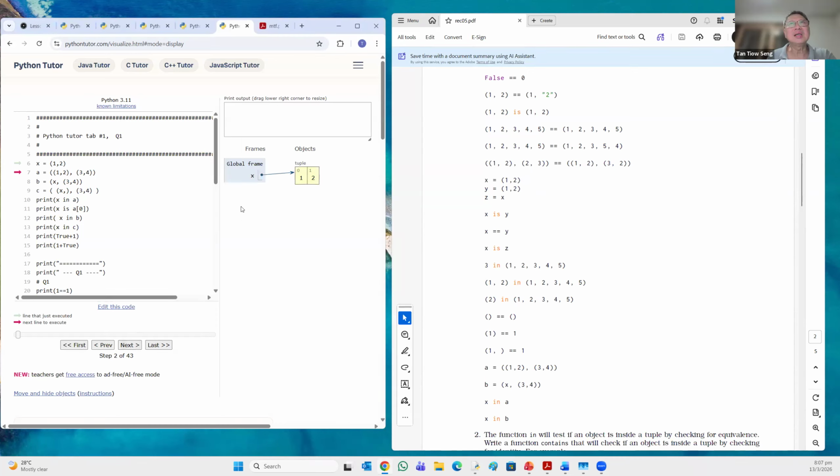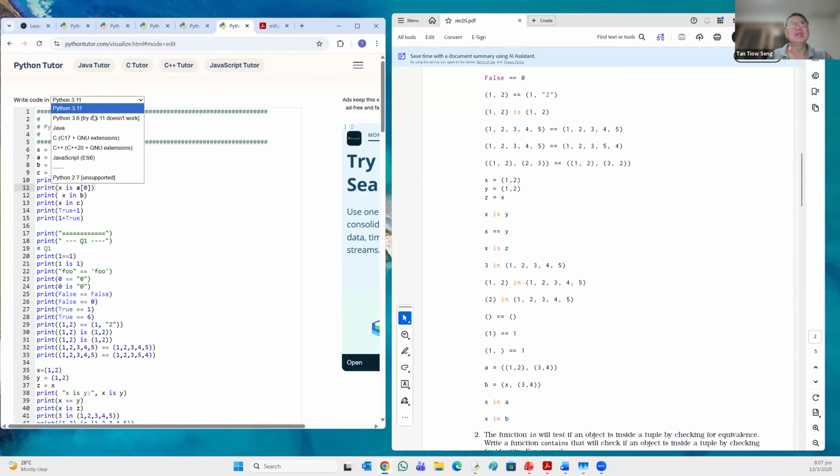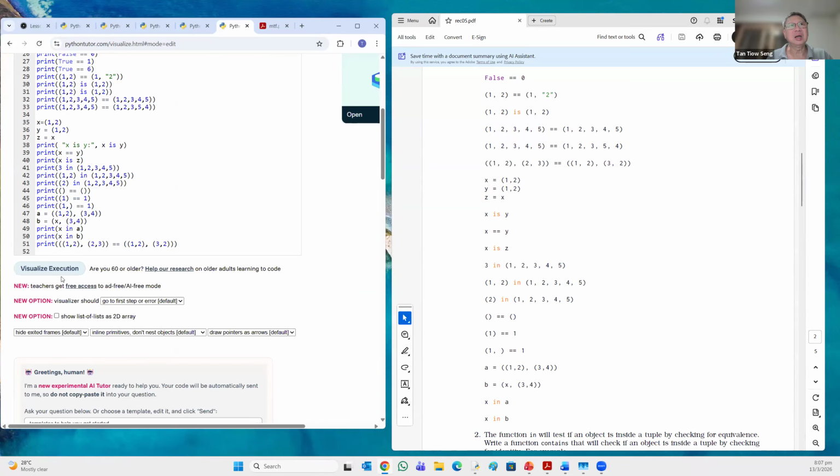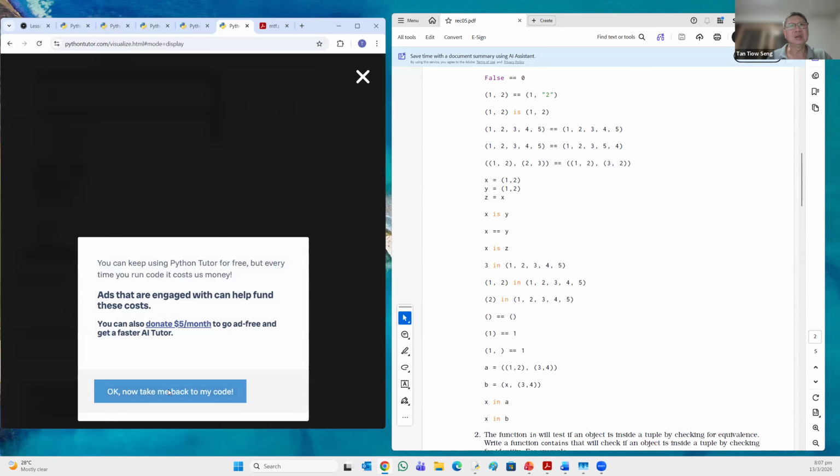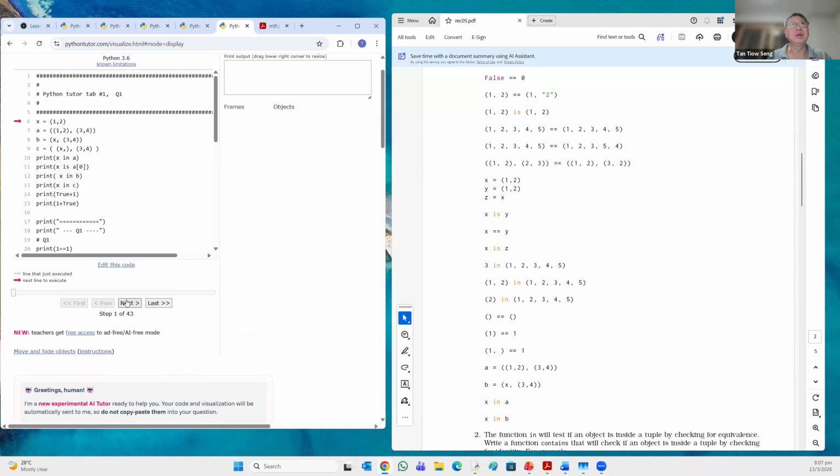X equal to this. So X is a tuple of two guys. The first guy is a tuple, the second guy is a tuple. Interestingly, this 1, 2 and this 1, 2 are pointing to the same place. This is under Python 3.11. This is unusual to me, and I just saw this today when I was preparing for this.